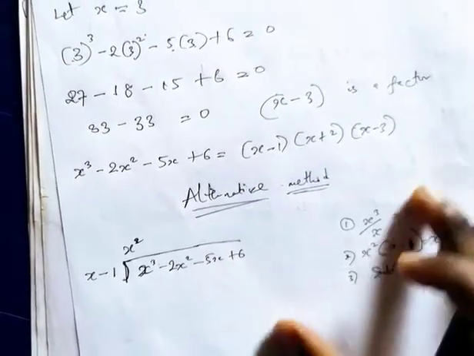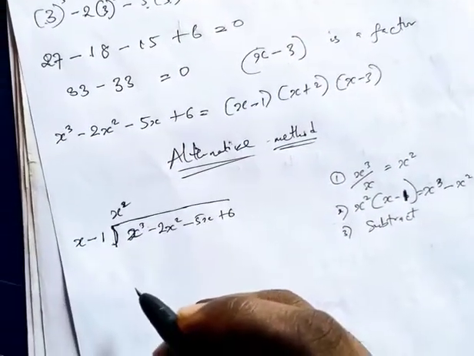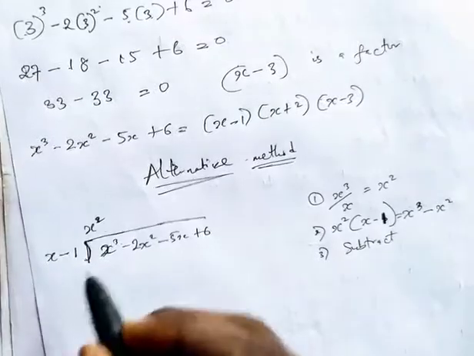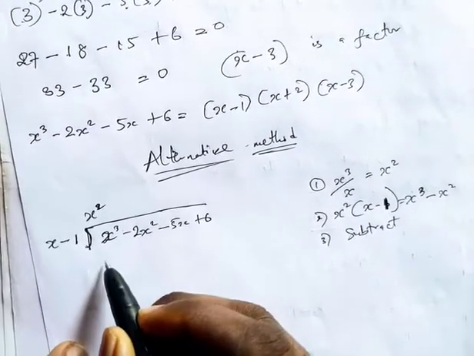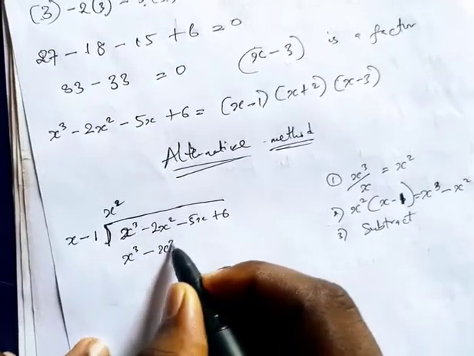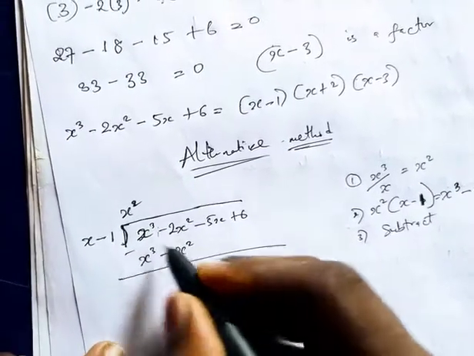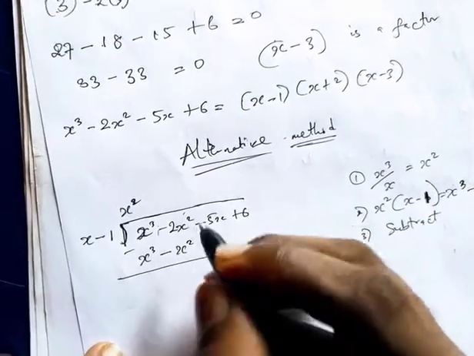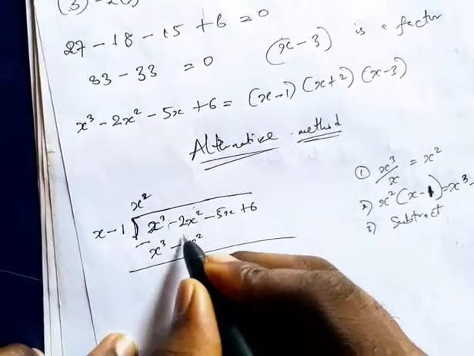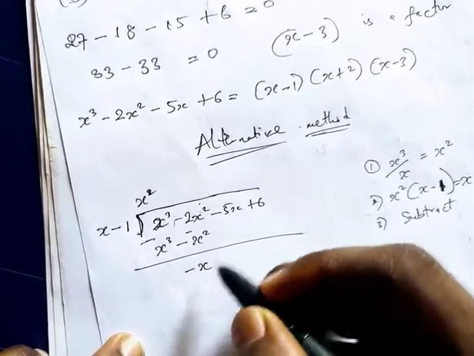If you really want to understand this, you watch my video on long division with polynomials, then you get a better understanding of what I'm doing here right now. So I'll have my x cubed minus x squared here. I subtract, I'll have my negative x.